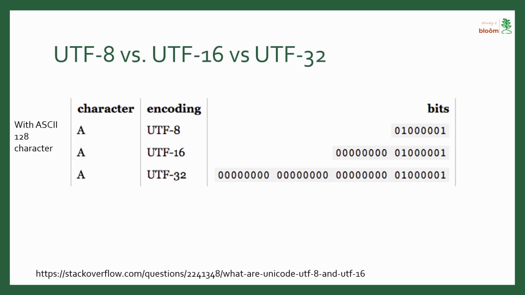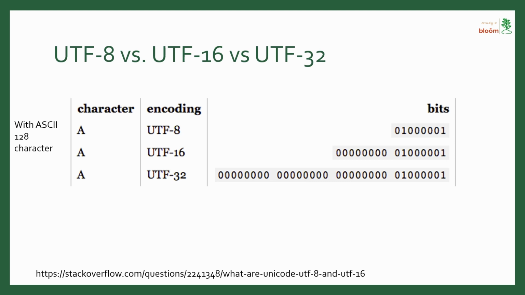Here we will see what's the difference between UTF-8 and UTF-16 and also UTF-32. So let's take the character capital A. In standard ASCII representation, it is represented using decimal number 65. So when we encode it in UTF-8, it can be represented using 1 byte.